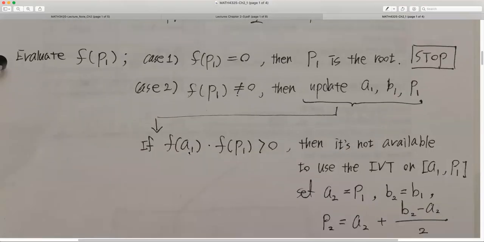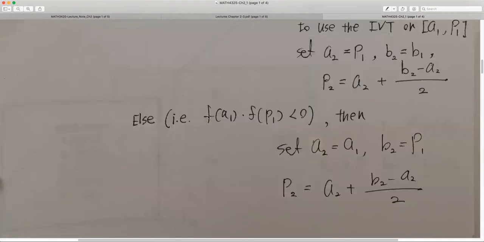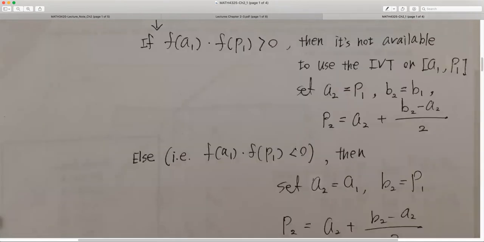Now, f(a1) times f(p1) is greater than 0. Assuming f(a1) is less than 0, then f(p1) is also less than 0.